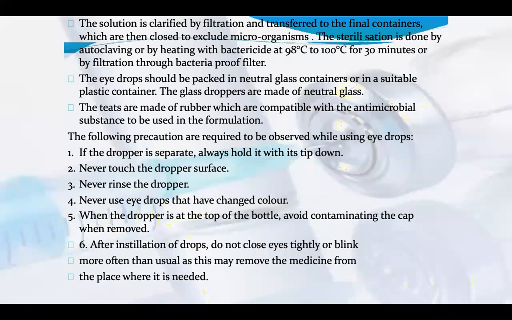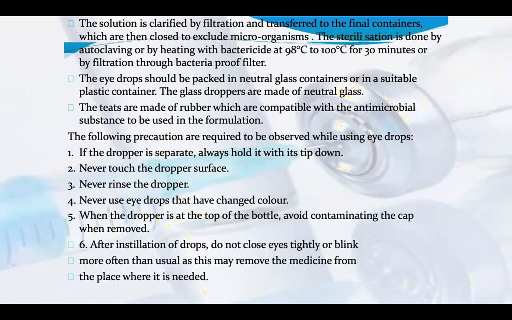So now the solution is clarified by filtration and transferred to the final containers, which are then closed to exclude microorganisms. The sterilization is done by autoclaving, or by heating with a bactericide at 98 to 100 degrees Celsius for 30 minutes, or by filtration through a bacteria-proof filter.